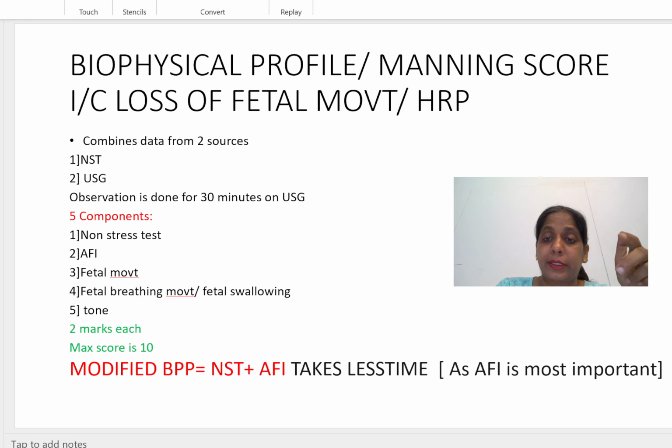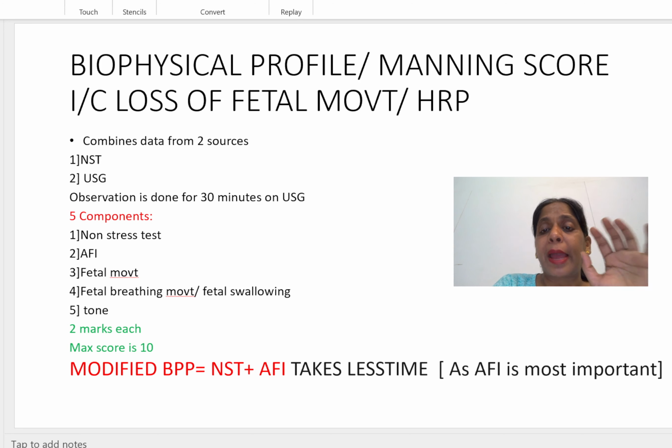And the last two tests, NST and kick count, we were doing in all the patients. Okay, so let's see what are the 5 components. Of course, the first component is NST and the second component is AFI that we get on ultrasound. From the ultrasound we get 4 parameters. Some students complain to me that ma'am, it's very difficult to learn all these 5, make a mnemonic.